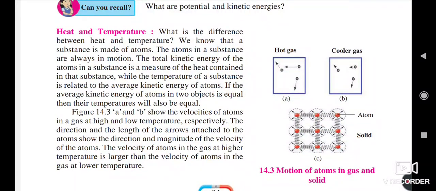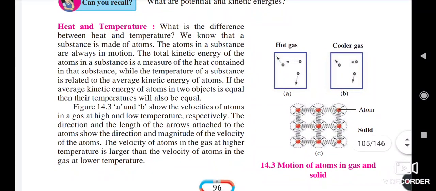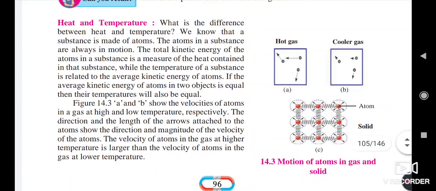We know that a substance is made of atoms. The indivisible smallest part or particle of any substance is the atom. The atoms in a substance are always in motion.